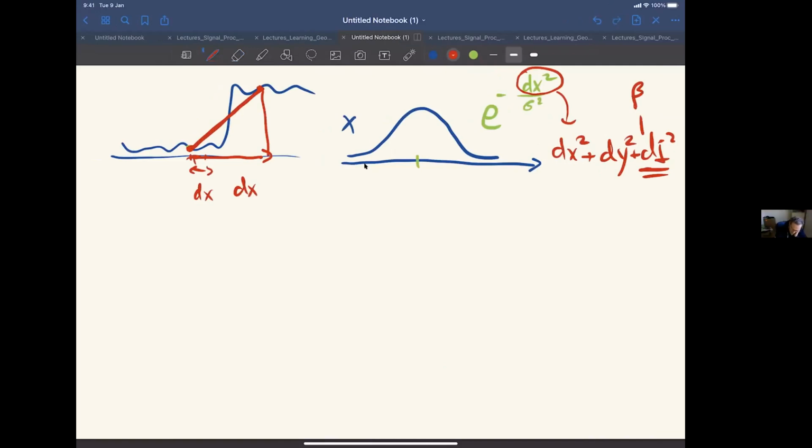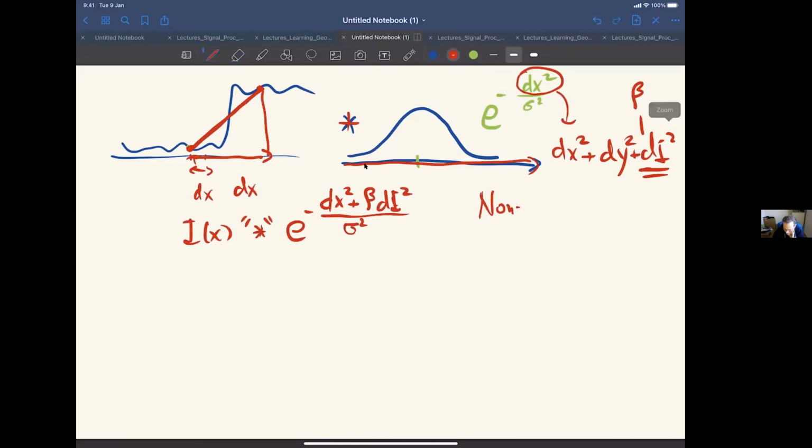So taking an image I of x and sort of convolving it, I mean applying this kind of kernel, I would not write the explicit form, but let's call it sort of convolving, where E would be minus dx squared plus beta di squared divided by some variance, would be my new way of filtering an image. This is called the bilateral filter.